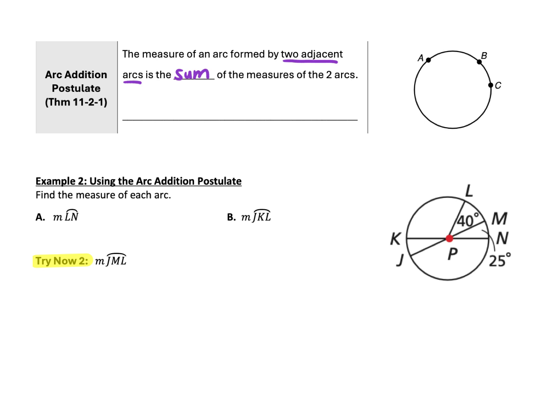So as an example, in this picture, if I want the measure of arc ABC, we can break that up into the measure of arc AB plus the measure of arc BC. And that's going to be the measure of that full arc ABC.